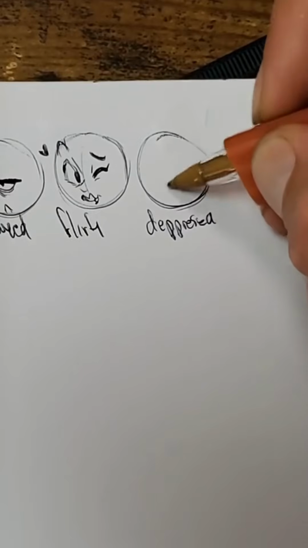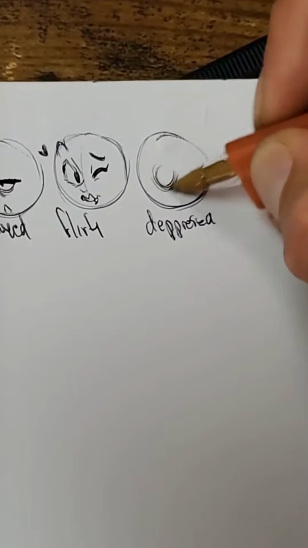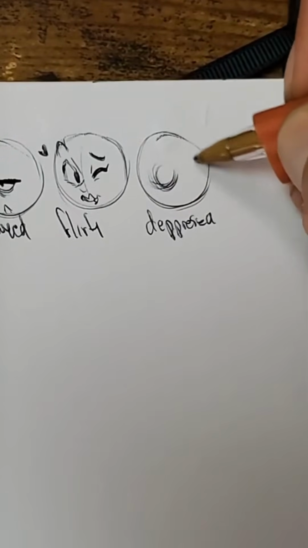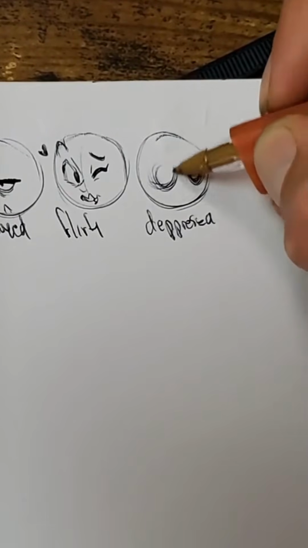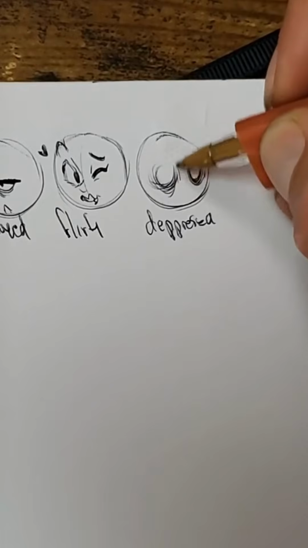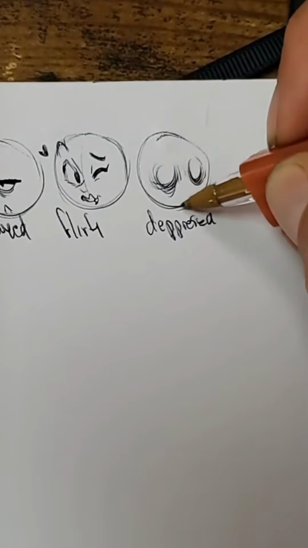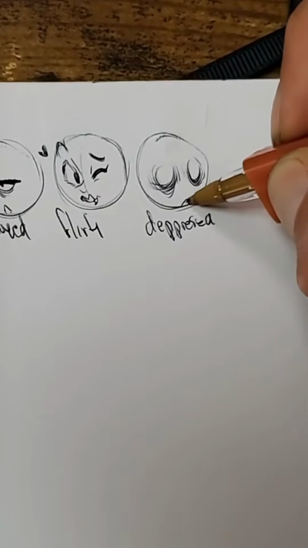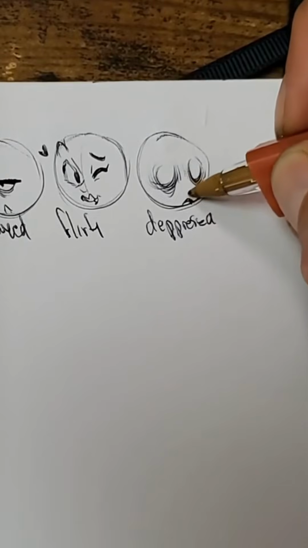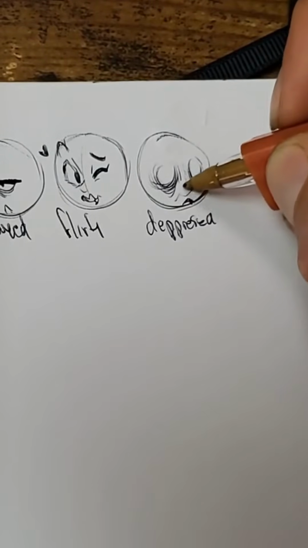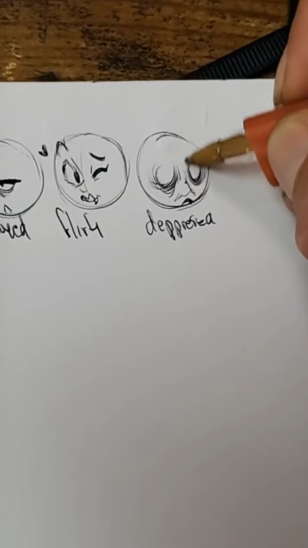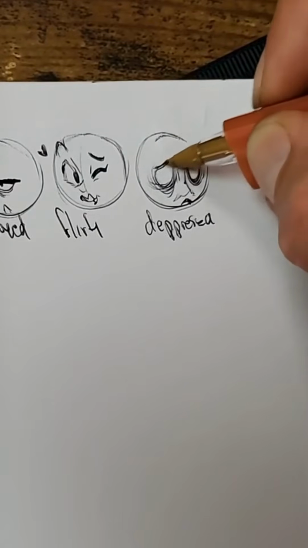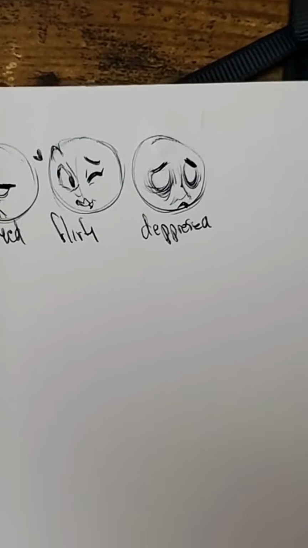Depression has to come with a lot of lines to create anxiety and sadness, so it's going to come with a lot of dark lines. There you go. So that would be something like depressed.